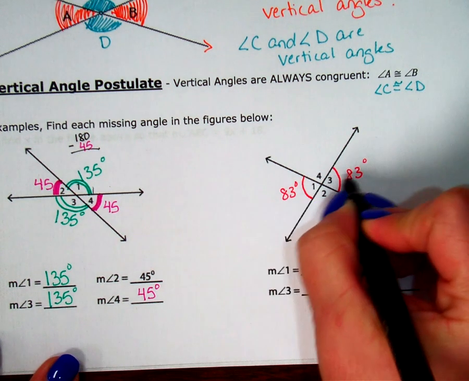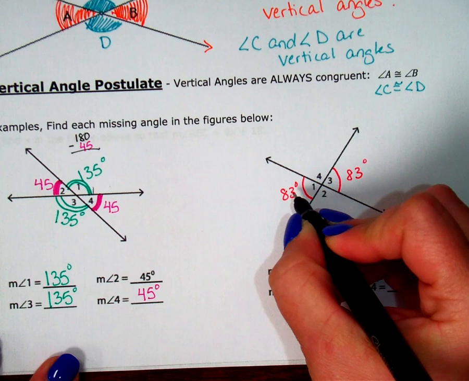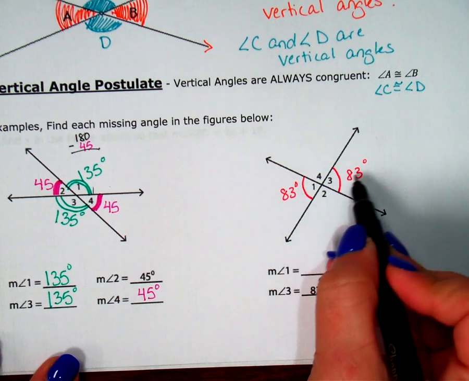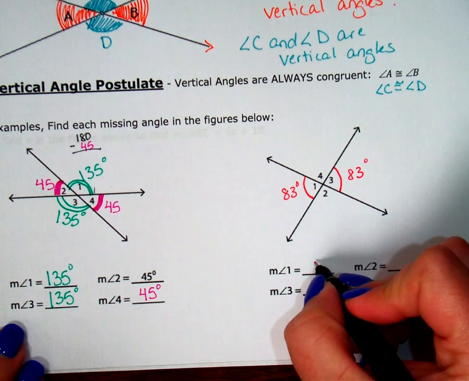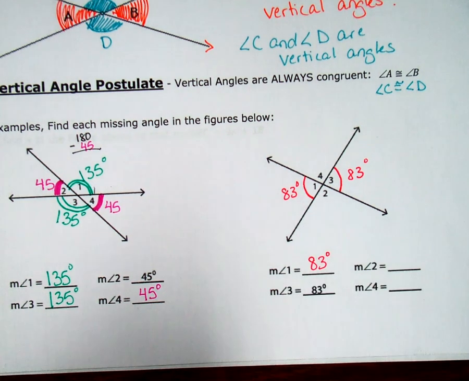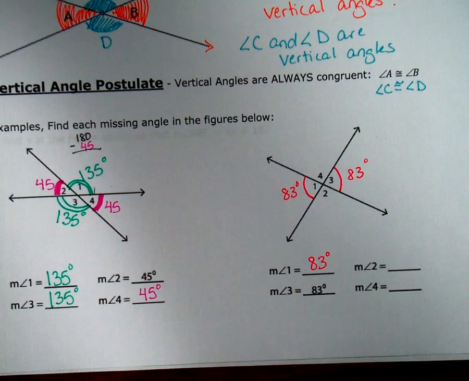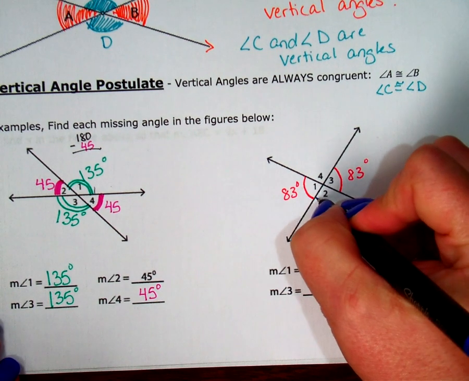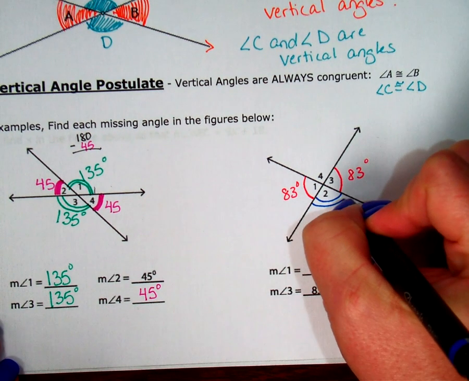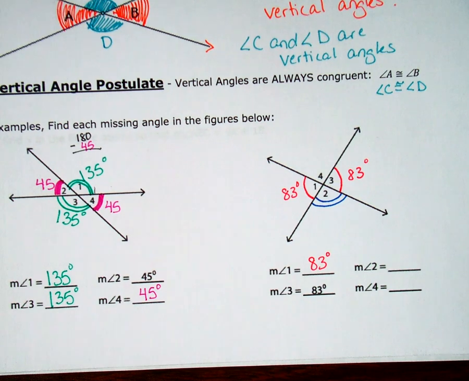The vertical angle postulate tells me those are both the same. So angle 1 is 83 degrees. Now, I need to find the measure of angle 2.